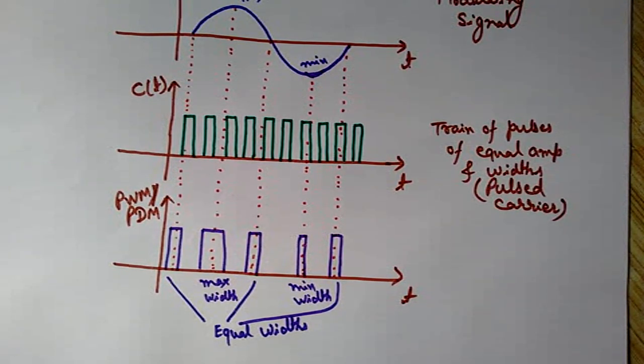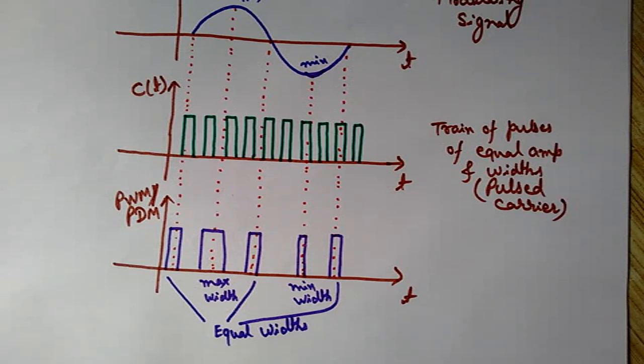Okay, here from the waveform diagram you can easily analyze that the amplitude of the PWM waveform is constant, but the width or duration of the pulses is varying. This variation in widths is according to the change in the amplitude of the modulating signal. As you can see here, the amplitude of the PWM pulses is the same.